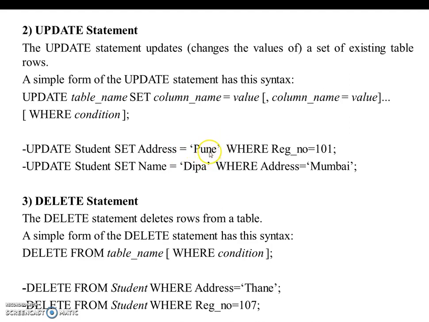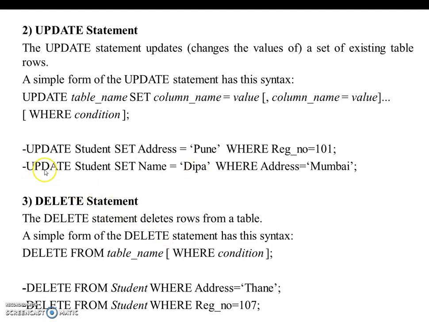It will set the address to Pune and find the entry for register number 101. If it finds the 101 entry, then that 101's address, whatever was there before, will get replaced by Pune. So it will modify the particular row data or tuple data.